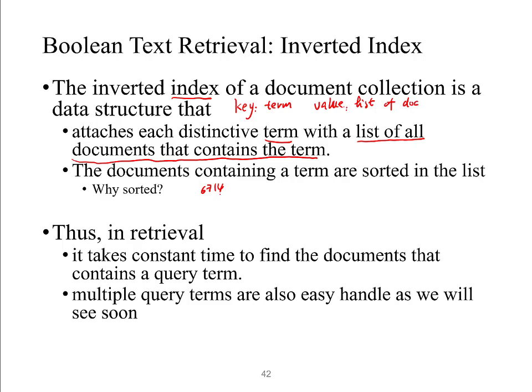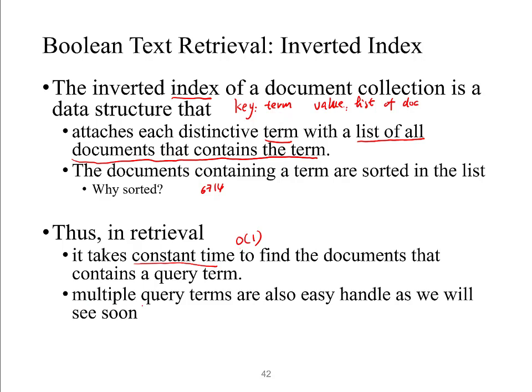Now, for the retrieval, it takes constant time to find the documents that contain a query term, because it just needs to look up in the dictionary or in the index based on the key, which is the term. So it's an O(1) operation.